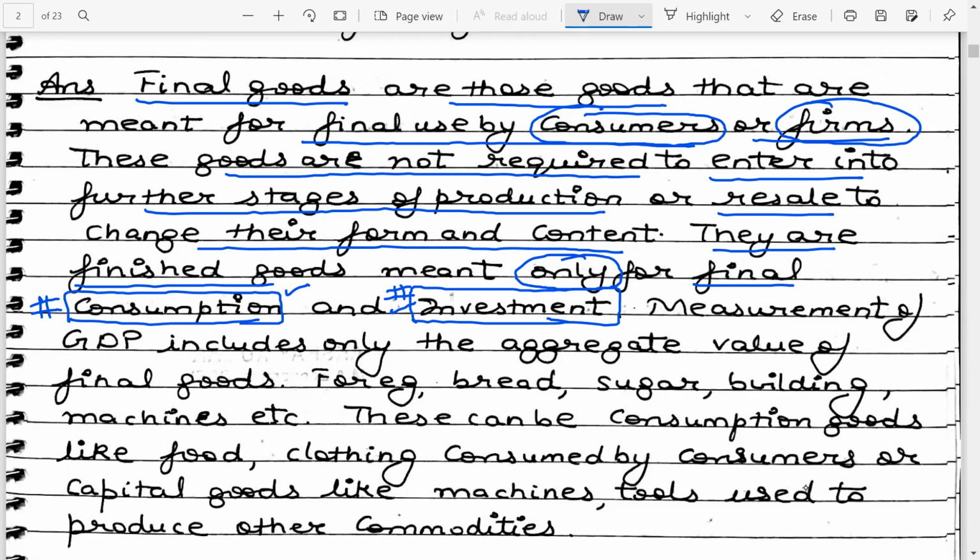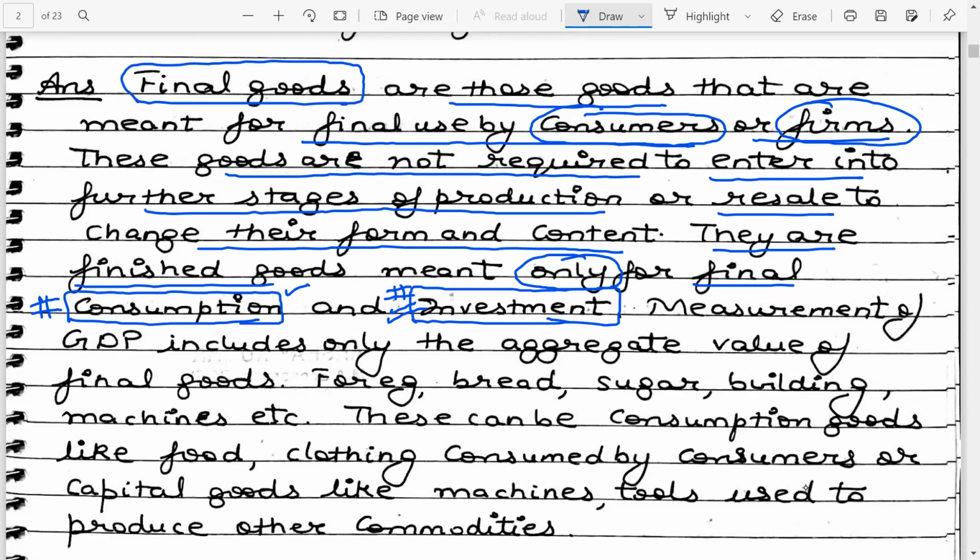We had learned this in our lectures on circular flow of income and product, the difference between consumption goods and capital goods. So final goods which are meant for consumption by the households are called consumption goods. Final goods which are meant for investment by the firms are called capital goods.